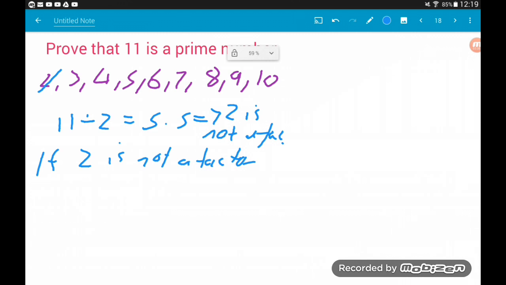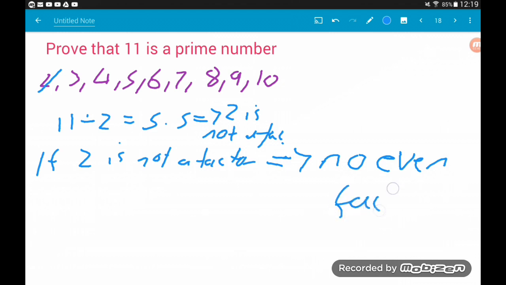This actually means there are no even factors. So, by 2 not being a factor, we can actually cross more elements off of our list. So, 4 can go bye-bye, 6 can go bye-bye, 8 can go bye-bye, and 10 can also go bye-bye.